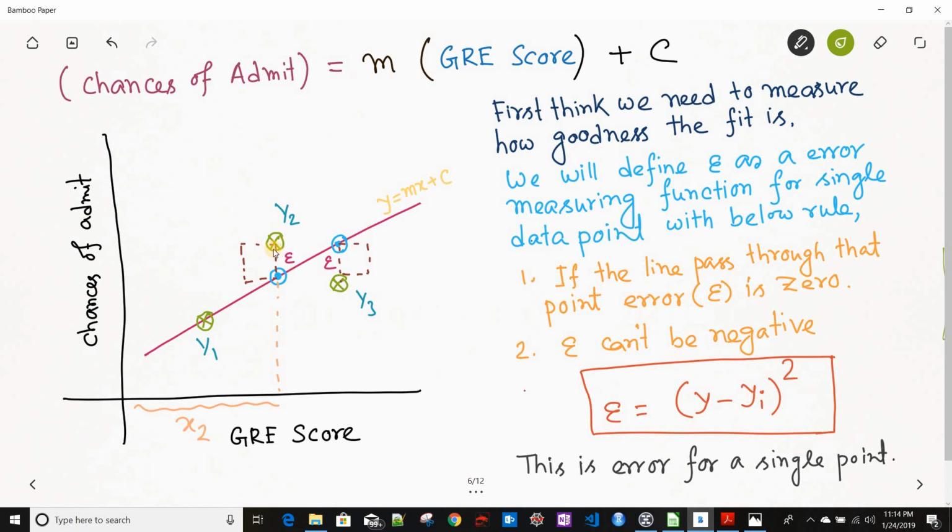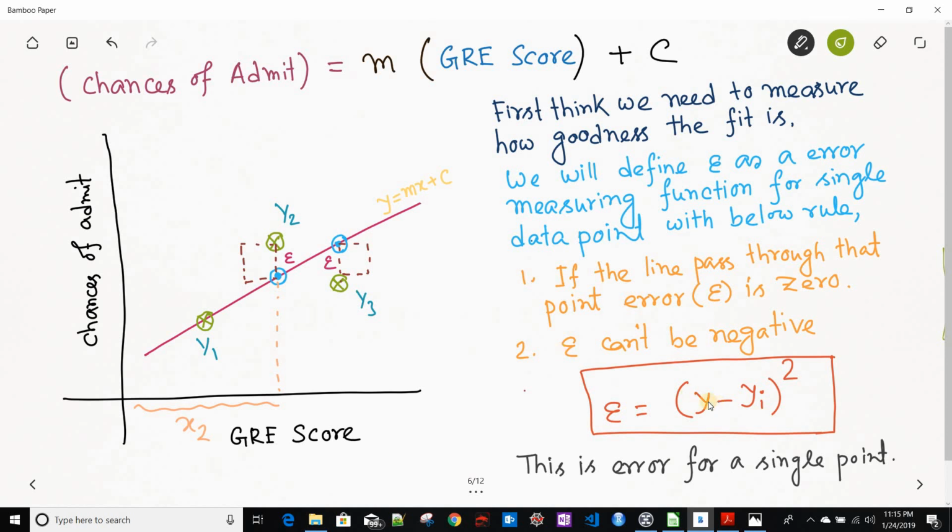Okay, so now if you see, in this case, y minus yi will be negative because this is going below the actual data point. And in this case, the y minus yi value will be positive. Okay, but in both cases, the line has an error. Correct? So that is what I am trying to say over here, that the error cannot be negative.